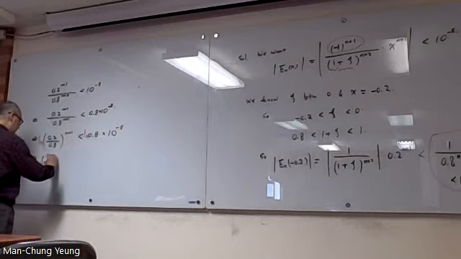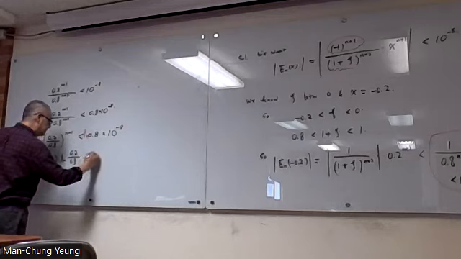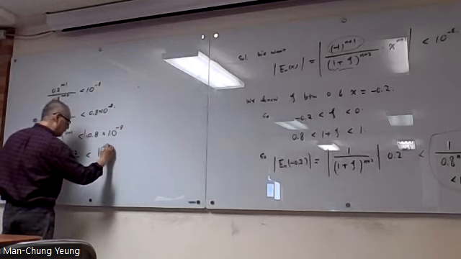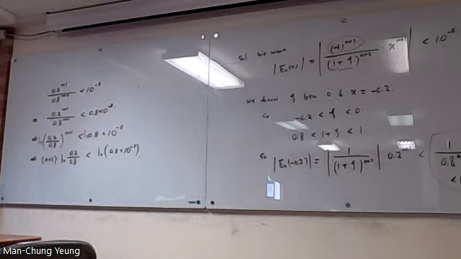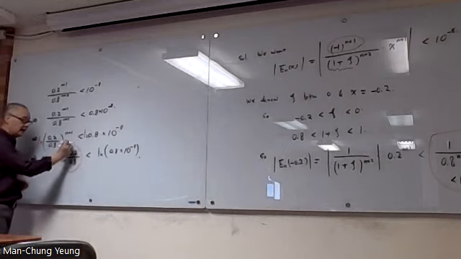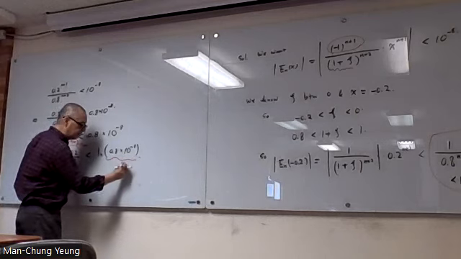So n plus 1 times the natural log of 0.2 over 0.8 is less than the natural log of 0.8 times 10 to the negative 8. Using a calculator, you get that this is a negative number, and this is also a negative number.